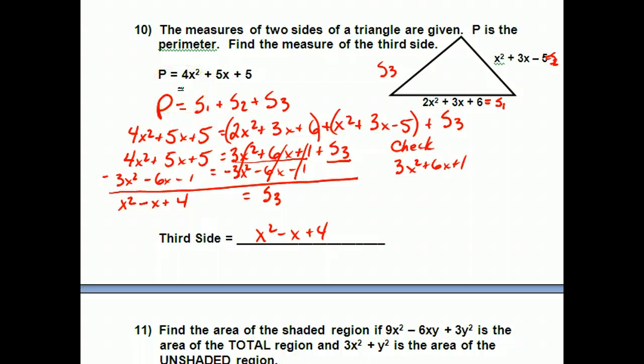So let's add on x squared minus x plus 4. And what am I left with? 3x squared plus x squared gives me, I like it so far, 4x squared. 6x minus x gives me plus 5x. Again, so far so good. And finally, 1 plus 4 gives me plus 5. And that finishes it off.